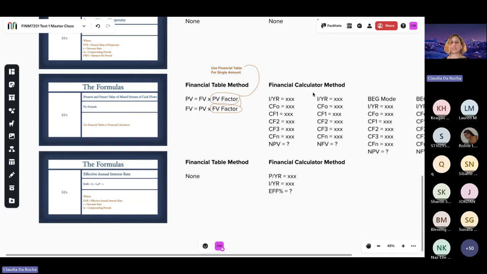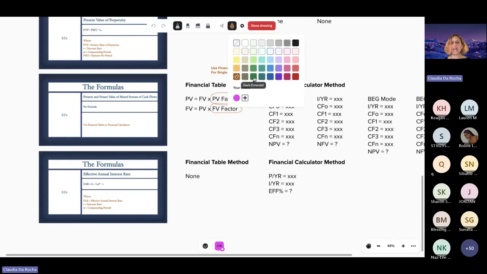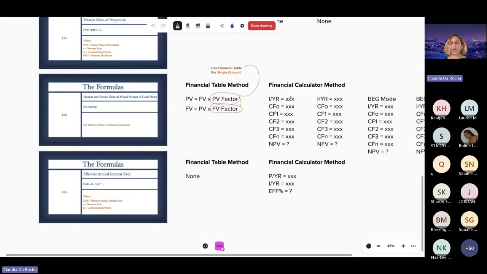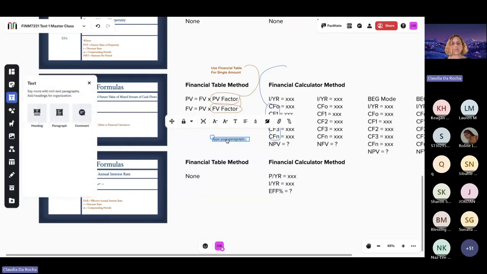And then with your financial calculator method, the only thing that's really different is now we are putting in all the cash flows. I've got cash flow in because you don't know how many cash flows there could be, but you basically punch in all your cash flows.